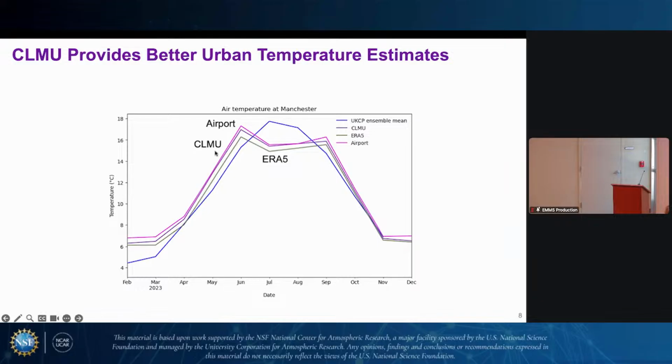So we can find that the CRMU simulation can provide better estimations than the raw ERA5 data when compared with the airport observational data. The airport is a lower developed or built-up district in Manchester, so it can be seen as a lower developed urban area. So this is why CRMU can provide better estimations for the air temperatures than ERA5, which did not include the urban processes.